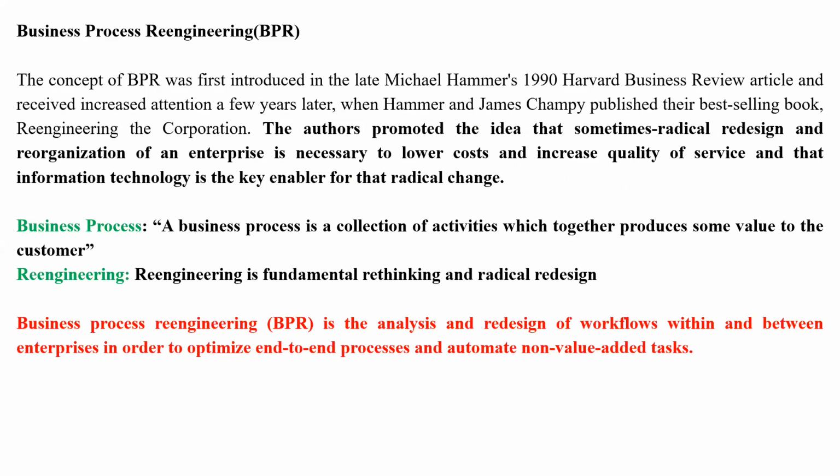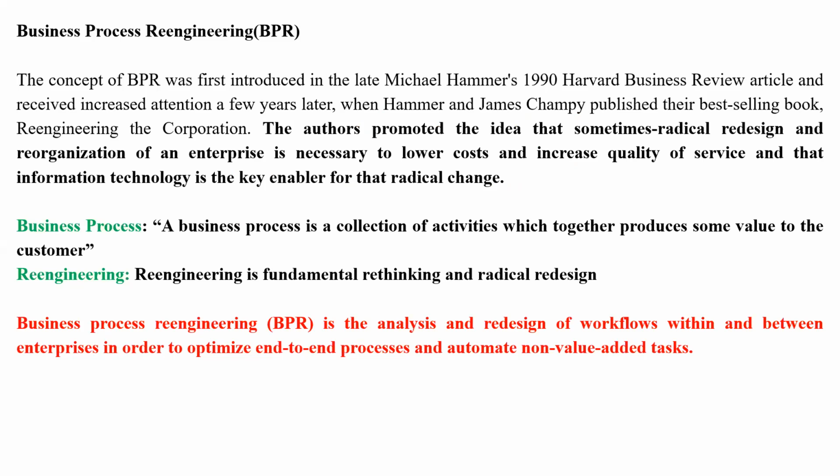The business process re-engineering concept was first introduced by Michael Hammer in 1990 in a Harvard Business Review article, and received increased attention five years later when Hammer and James Champy published their best-selling book Reengineering the Corporation.